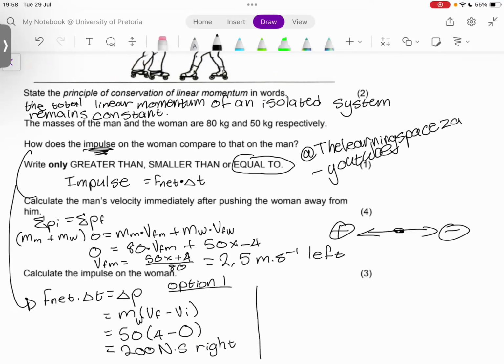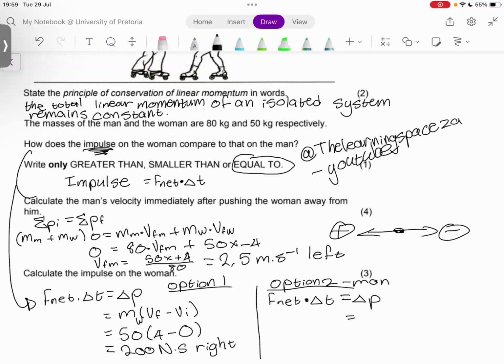Cool. Let's do the man now. Let's do option 2. We're going to start off with the same equation for impulse, which is F net times delta T is equal to the change in momentum.